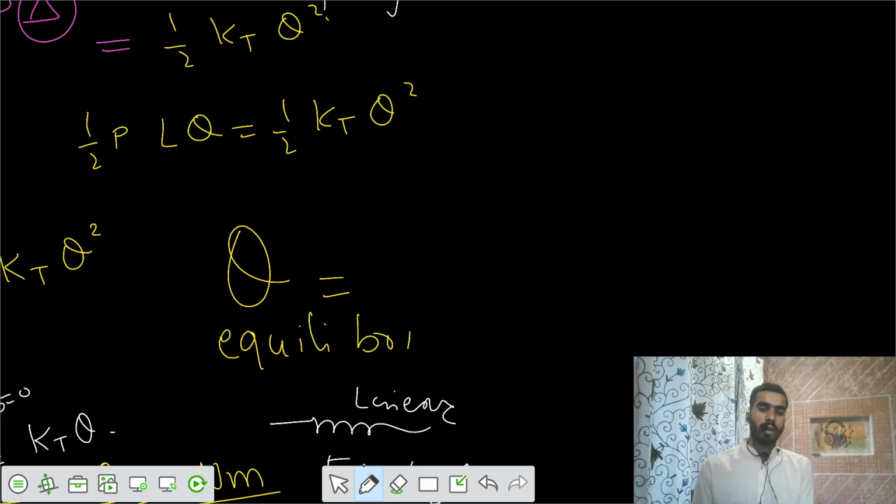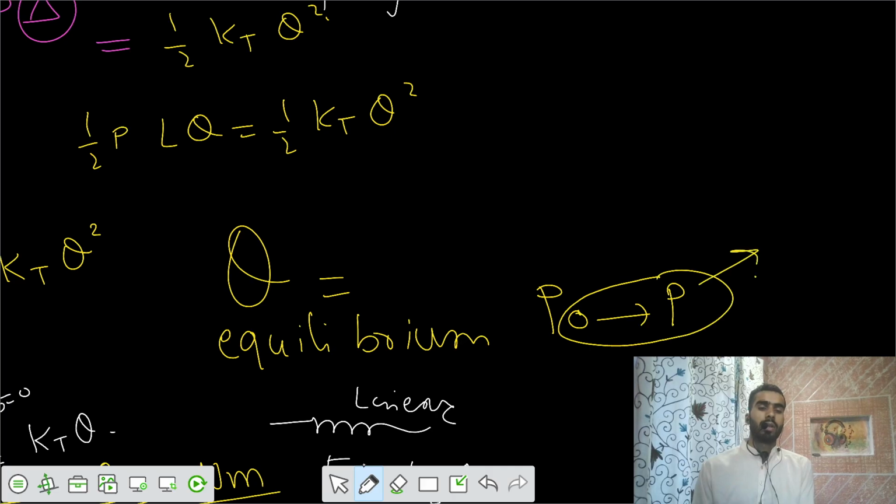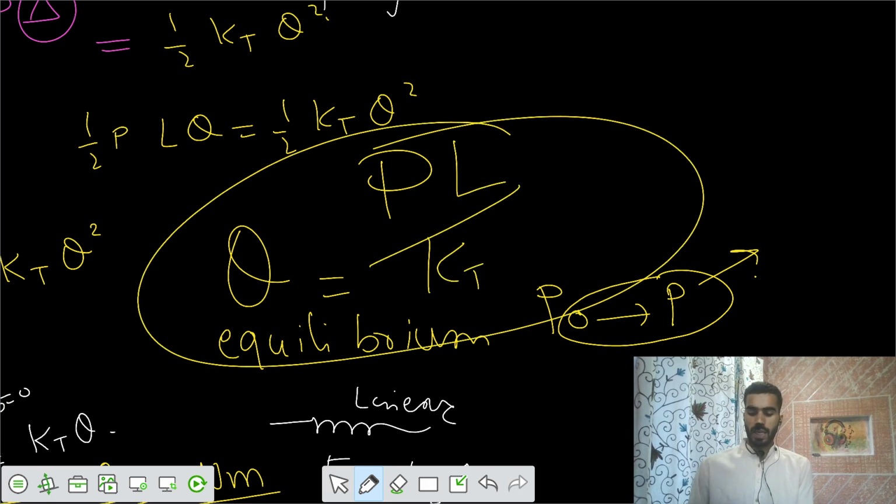That means when the load has reached from 0 to the final value of P, theta equals PL by KT. Do we get this? Theta equals PL by KT.